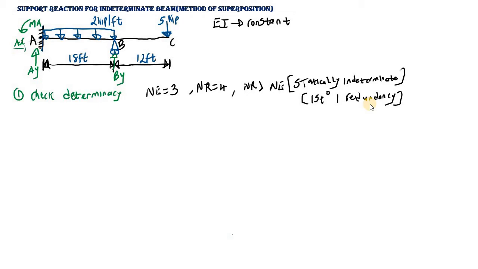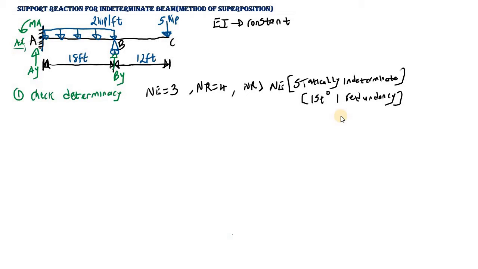Now the next step is to apply the method of superposition. We know this beam is statically indeterminate to the first degree, so we need to look at the redundancy and remove 1 support reaction so that we can make this beam statically determinate.